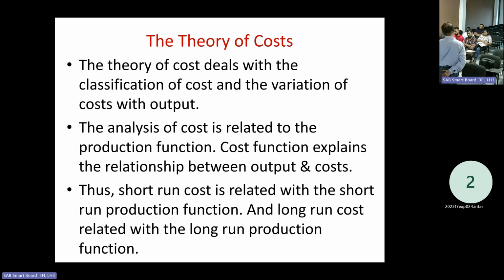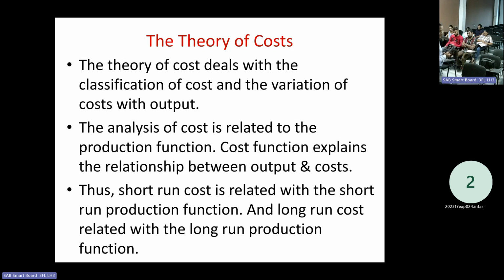Long run cost is associated with the long run production function. Cost depends on the output, and the output depends on the production function. We explained the production function in the short run and the long run, depending on factor variability. Therefore, we can classify short run cost and long run cost, and identify short run cost curves and long run cost curves accordingly.